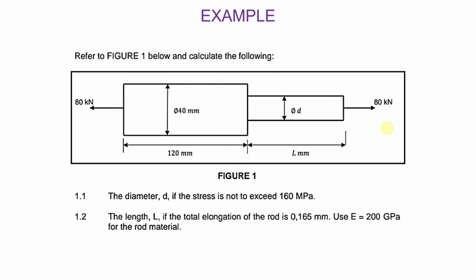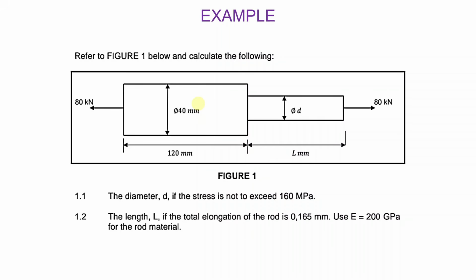And as you can see, this object is also made of two segments that do not have the same cross-section area. So if we have to study the change in length here, we will need to also look at this object in two parts. It's very important to notice that already when you are looking at the question.